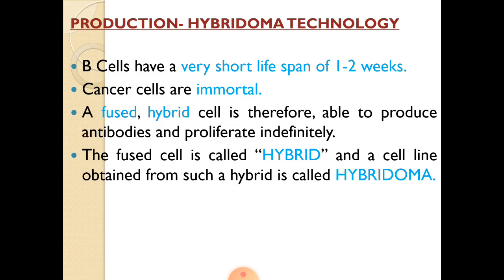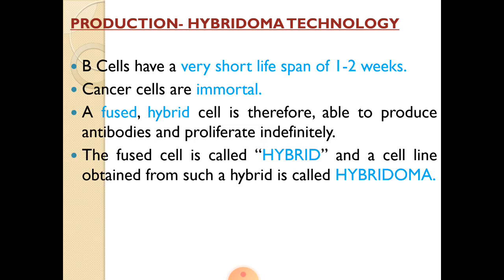Before getting into the details of the technology as such, we should understand one thing, that B cells have a very short lifespan of 1 to 2 weeks, and another information, cancer cells are immortal, and therefore a fused hybrid cell is possible to produce, which will produce antibodies and proliferate indefinitely.